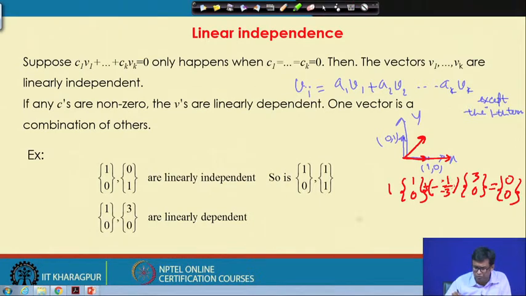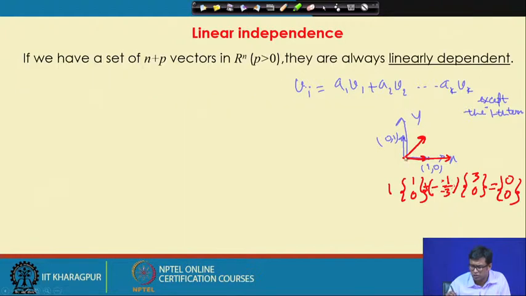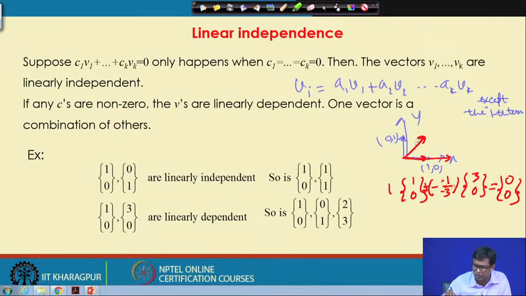Similarly, if we think of 3 vectors all in R2, 1 0, 0 1, 2 3, any vector like 2 3 can be expressed as a linear combination of 1 0 and 0 1, that is 2 i plus 3 j. So, this is also a linearly dependent set.